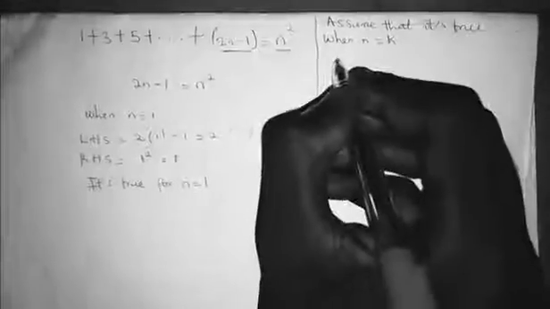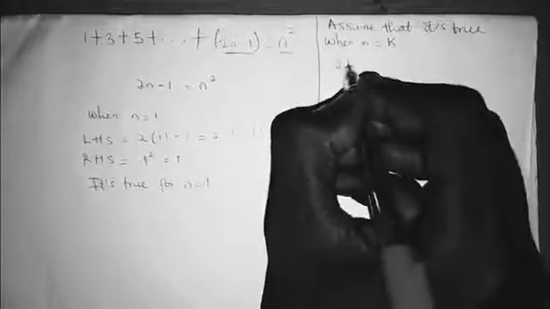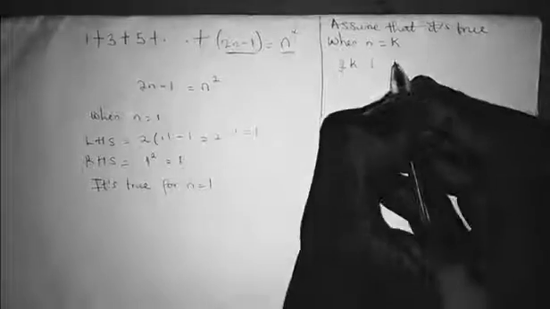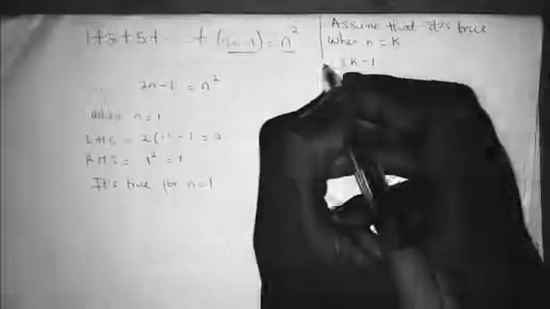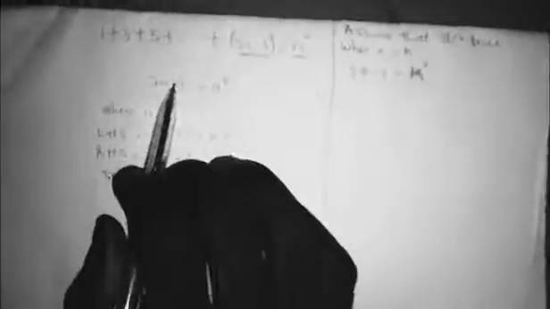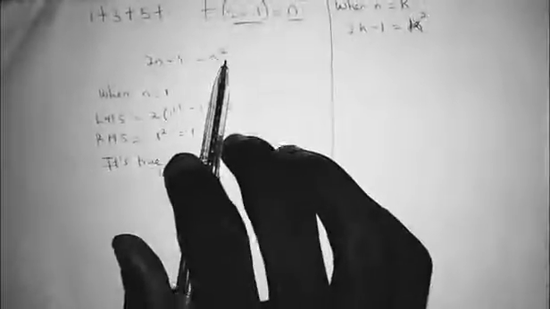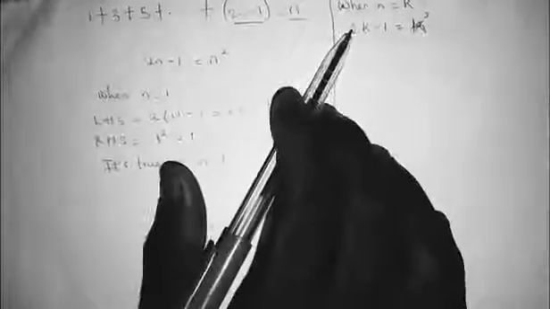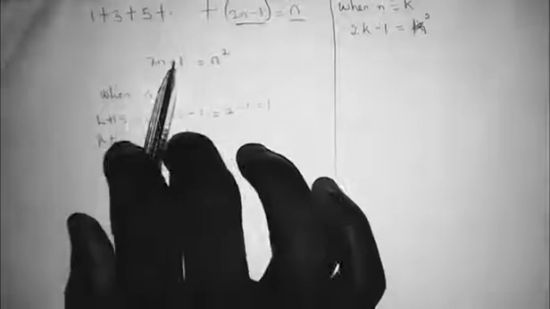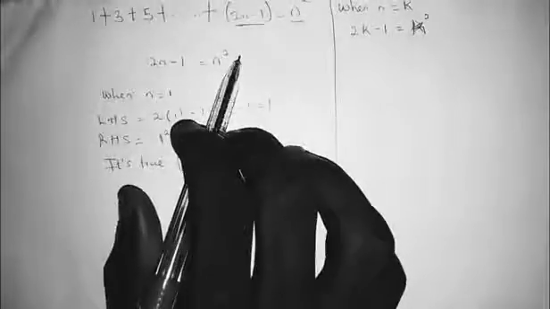So that will be 2k minus 1 for the left hand side, which will give me k squared. Using 2n minus 1 equals n squared, anywhere I see n, I put k. So I have 2k minus 1 equals k squared.